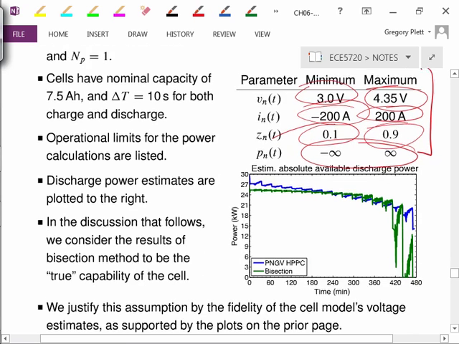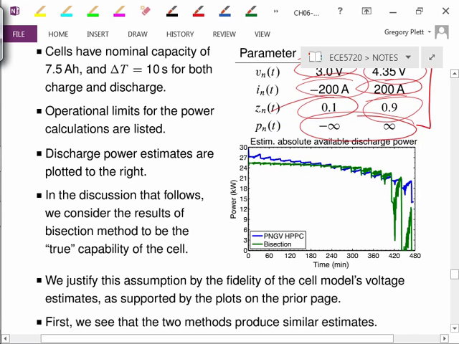I used the HPPC method and the bisection method to produce power estimates, plotted in this graph on the right here. And in the discussion of these results, I'll consider the bisection method to be the true capability of the cell. Of course, there can be errors in that calculation, but we noted that the cell voltage predictions were so close for this cell model that it's actually going to be pretty good.